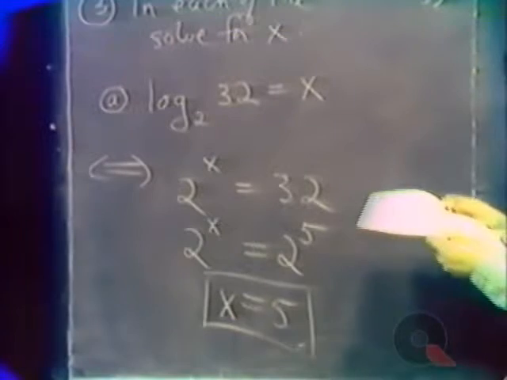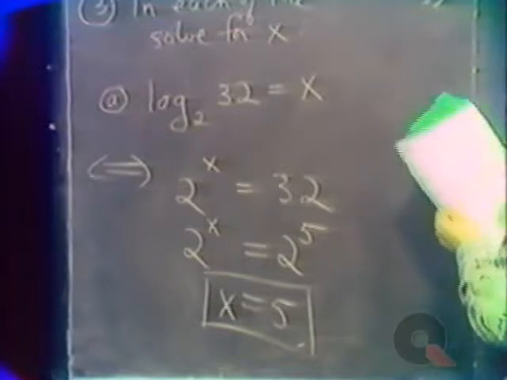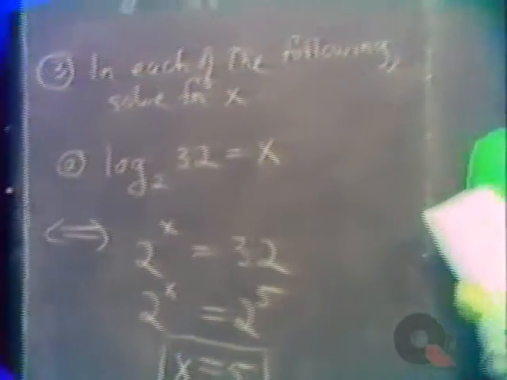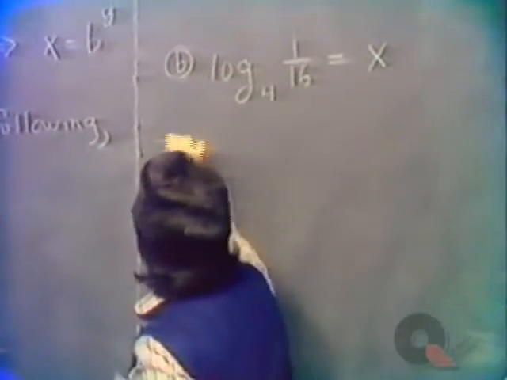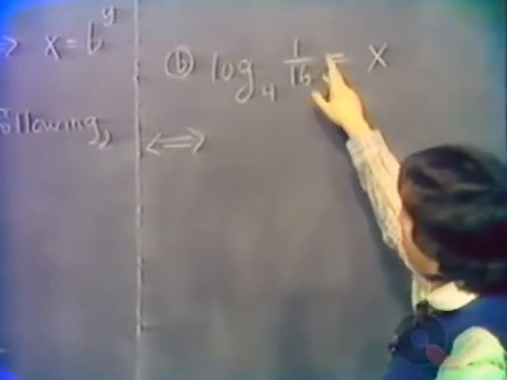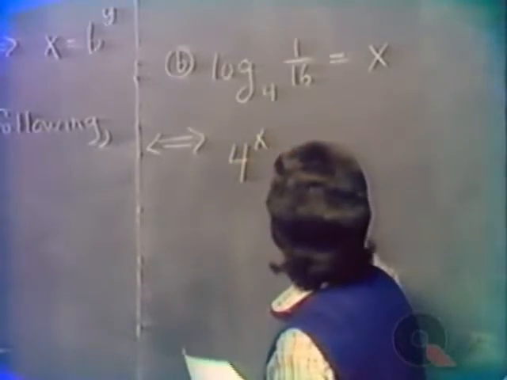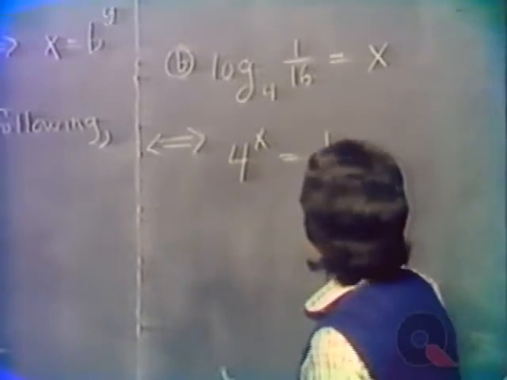In part B, the log of 1/16 to the base 4 is x. Okay, this is equivalent to saying, the log is x, so x must be the power that you'd have to raise the base to get 1/16.